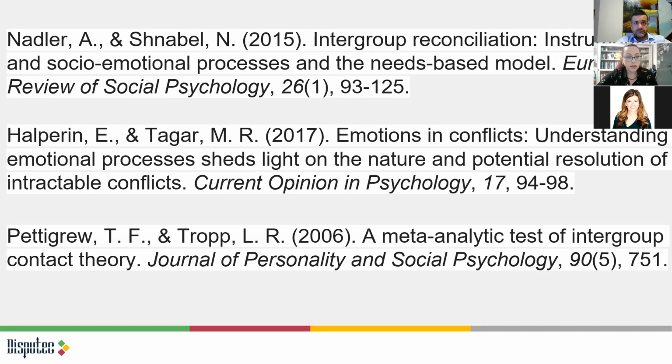A second study conducted by Halperin and Tagar 3 years ago showed that emotional management of the sides in the dispute, better known as emotional regulation in the field of social psychology, could reduce the conflict through direct and indirect strategies. They argued that the psychological needs of the parties in the conflict should be addressed while working on the next step of the relationships. In general, it's the understanding, the support, and the compensation of the past suffering, as well as the willingness to apologize, the desire to forgive, and to find a solution to the dispute.